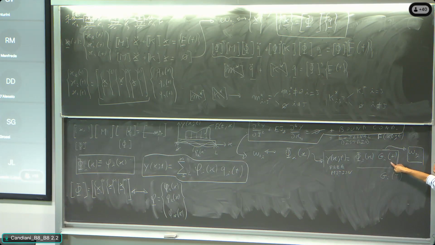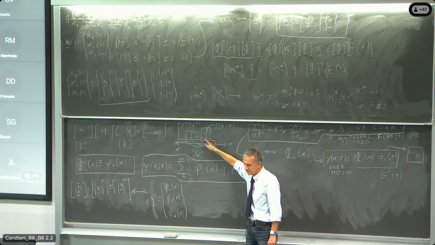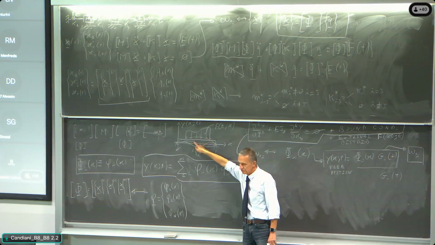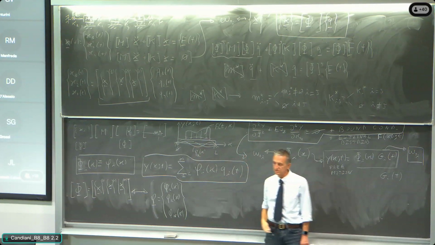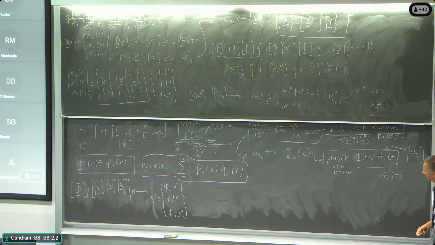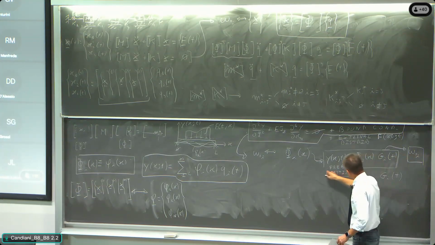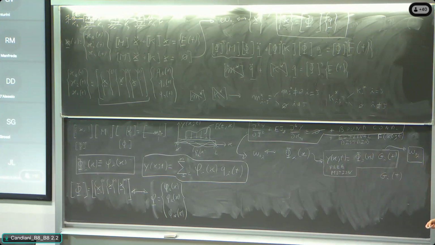Here, the function gi, function of time, are perfectly known, are the harmonic functions running at the frequency omega 01 for this one, running at the frequency omega 02 for the second, running at the frequency omega 03. So the function gi, t are known quantities. The magnitude is not known. I would say that I will express that the free motion is given by the superposition of the GIT scaling, multiplying, modulating the modal shapes with specific amplitudes.